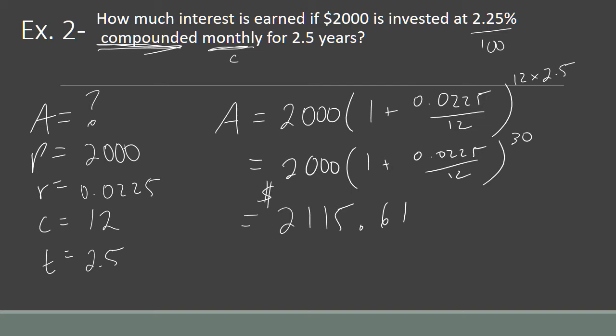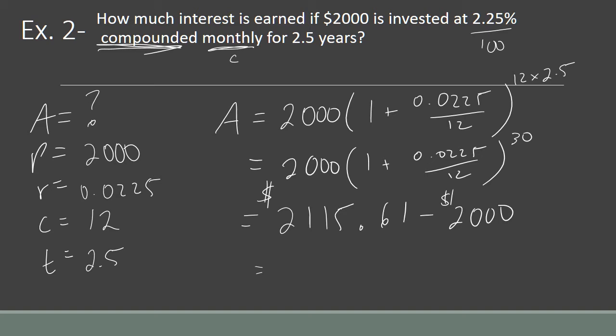Now remember, the question is asking us how much interest we earned. So that's how much we walked away with in 2.5 years. How much of that money, though, did we put up ourselves? Well, we invested $2,000 of our own money. So if we want to calculate how much interest we earned, just subtract how much of our own money we put in.